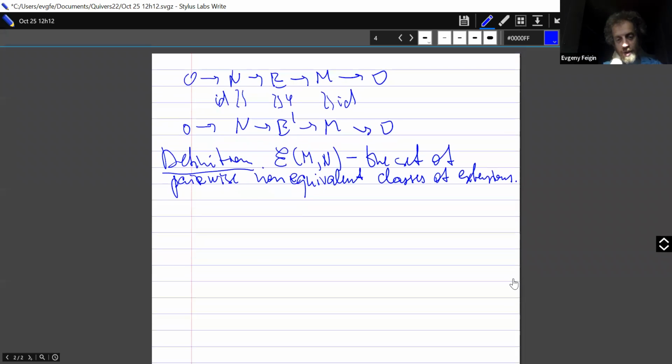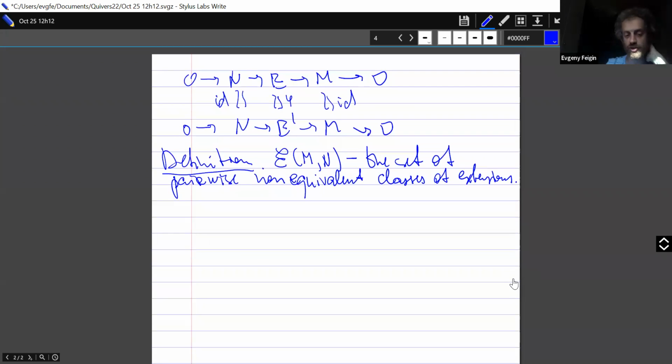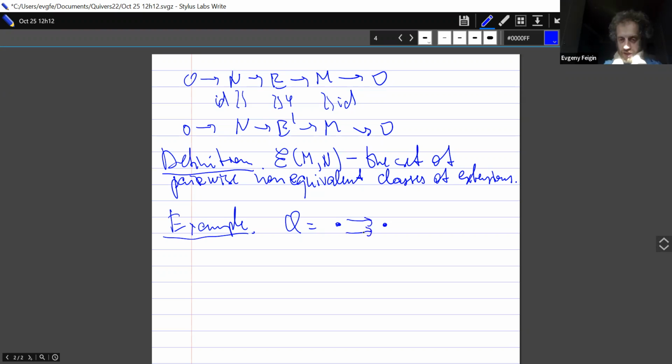So let us consider one example, in order to see what's happening. We take U to be the quiver on two vertices with two arrows pointing in one direction.